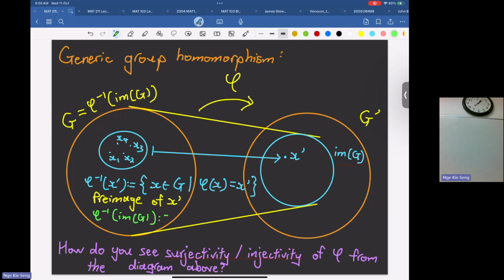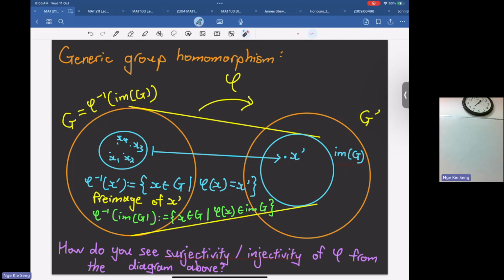It is all the points x in G such that phi of x is in the image of G. Be aware of the symbol I'm using here: this is an element, and element and equal are different. Take note.